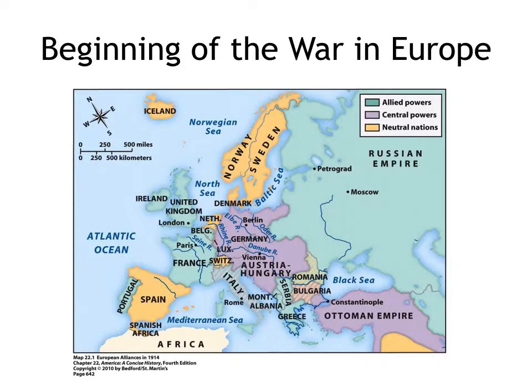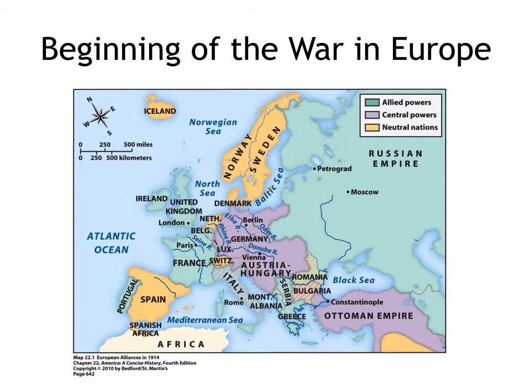France also declared war on Germany as part of an alliance with Russia, and by the summer of 1914, France, Germany, Austria-Hungary, Russia were all at war with each other. What brings the United Kingdom, or Great Britain, into the conflict is the German invasion of Belgium.